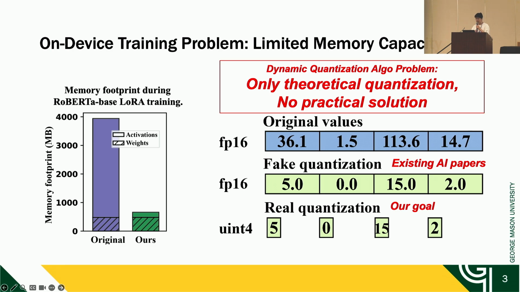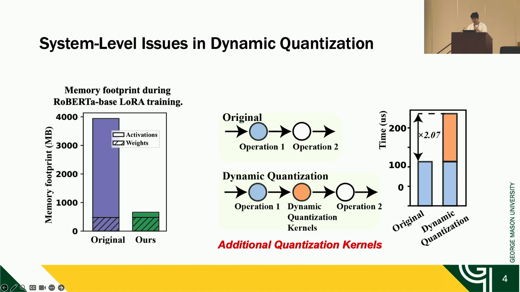In contrast, our goal is to realize dynamic quantization with real memory compression at the system level. However, in real-world systems, applying dynamic quantization introduces several practical challenges. First is the extra computation overhead. Additional kernels are required for quantization and dequantization, which can slow down execution.